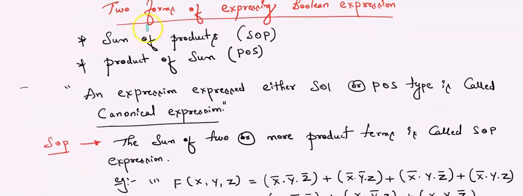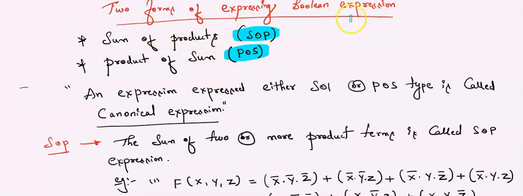Now let me discuss the two forms of expressing Boolean expressions. The first form is SOP, that is sum of products, and the second form is product of sum. These are the two forms we are going to use to solve the Kmap.